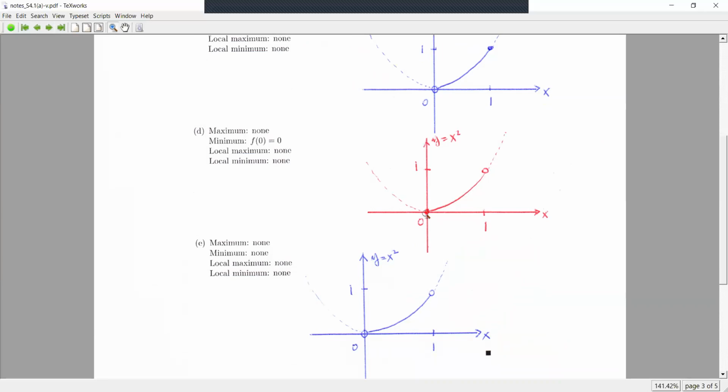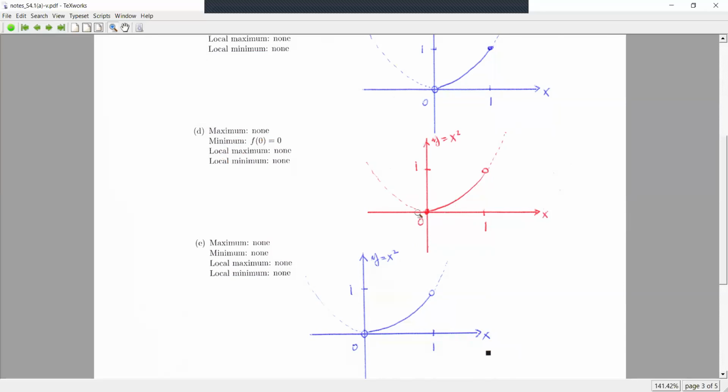So we are considering this portion. Maximum. This point, maximum point, but this point is not part of the portion that we are considering. So the answer is none.